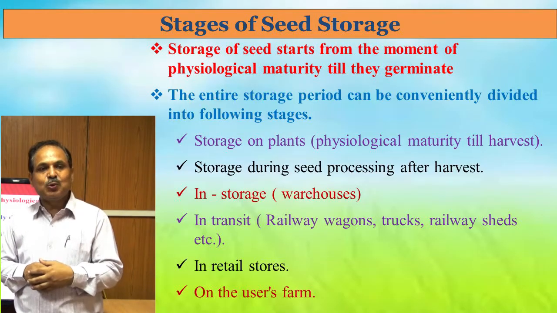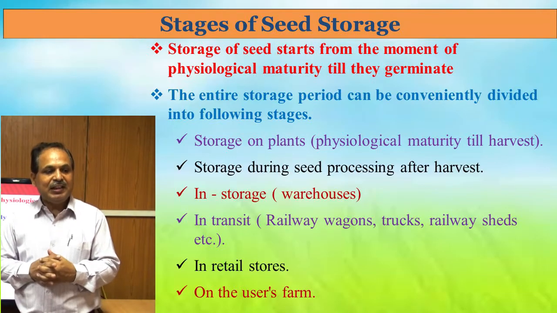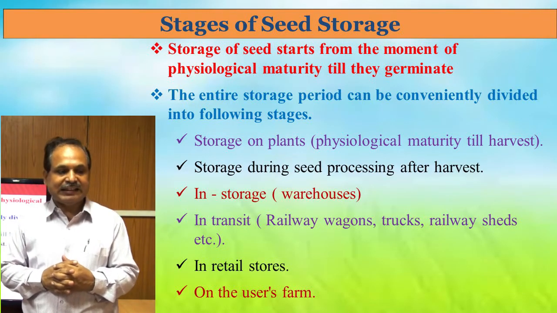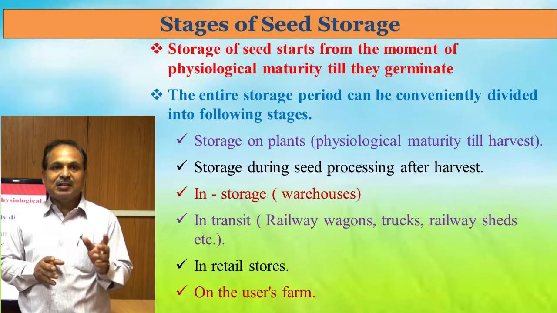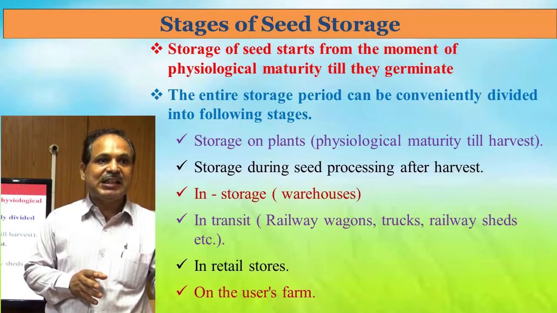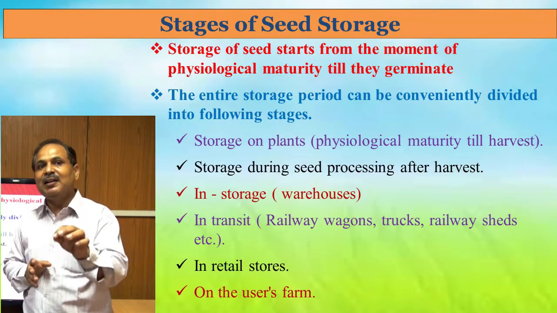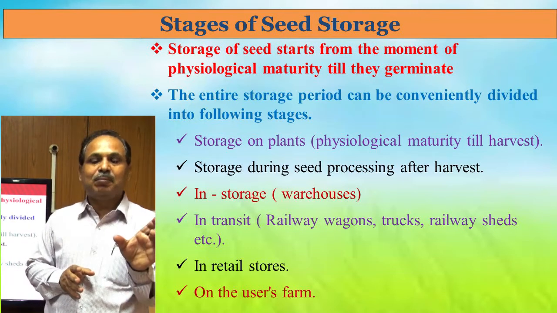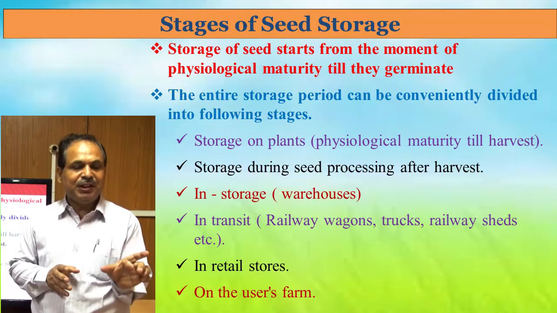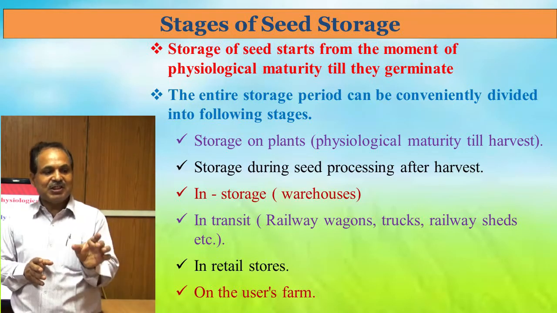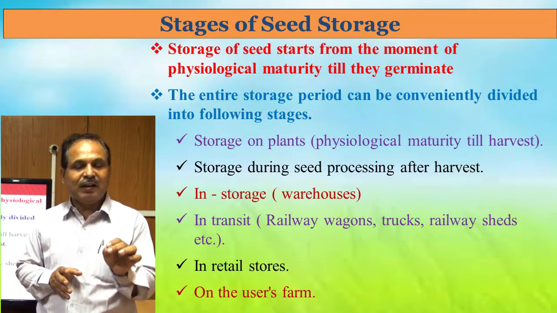The entire storage period is conveniently divided into the following stages. First, storage on the plant, that is, the stage of storing the seeds on the plant itself, from physiological maturity till harvest. This is the first stage.